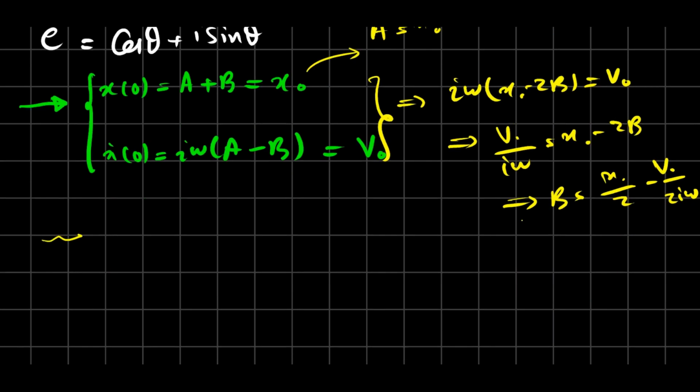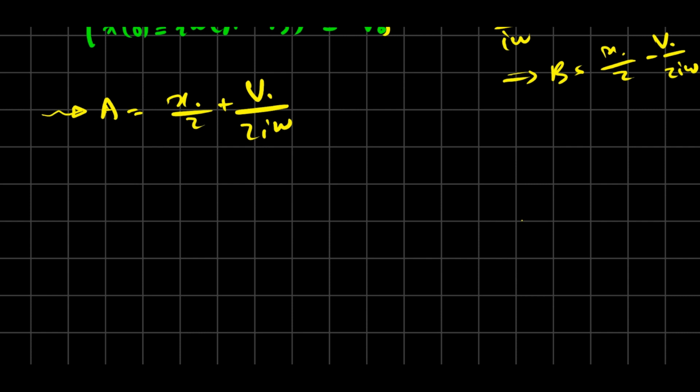And a is its complex conjugate. So we find a and b. Now I write my differential equation again with these terms.